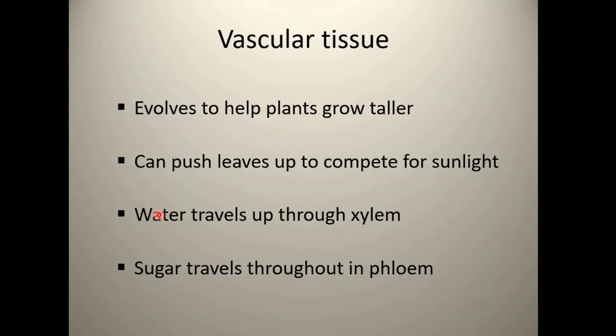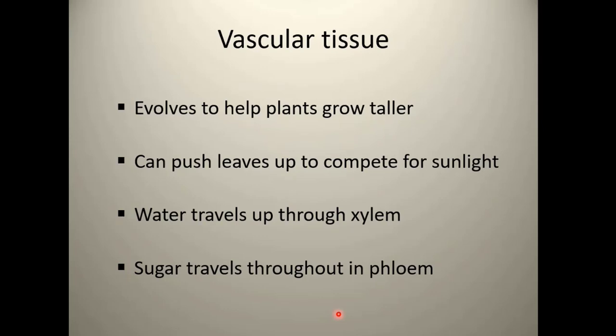In terms of vascular tissues, they evolved to help plants grow taller. They can push the leaf up to compete for sunlight. You know that the biggest competitive factor that plants need is sunlight. They need the sun for growth, so that they can develop and the developmental stage can be intact.